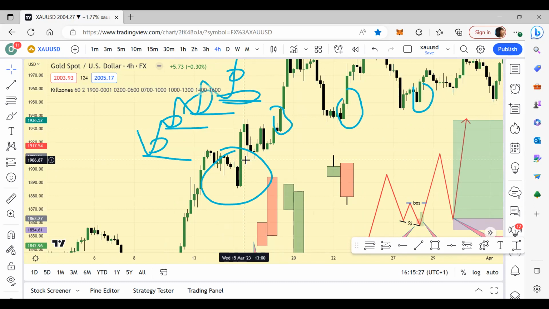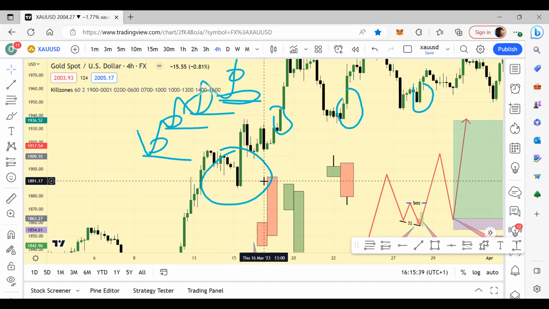Now, when I talk about different types, I'm talking about high probability order blocks and low probability. Don't concern yourself with anything low probability, because if you understand what a high probability order block is, then you can typically not think about what low probability is.